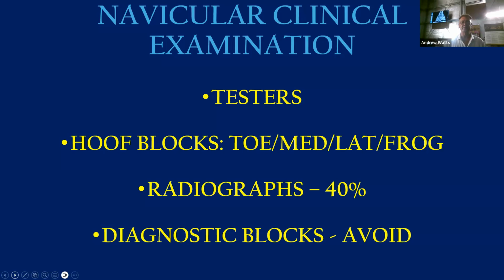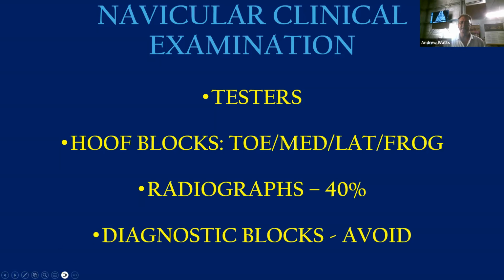We use a lot of hoof blocks: toe, medial, lateral, and frog. It surprises me still to this day how differential the results for hoof blocks are. We can have a horse that's 1 out of 5, and with a medial toe block, a 2 centimetre wood block, it might trot off 2 out of 5. So it's really important to take the time and use the hoof blocks.